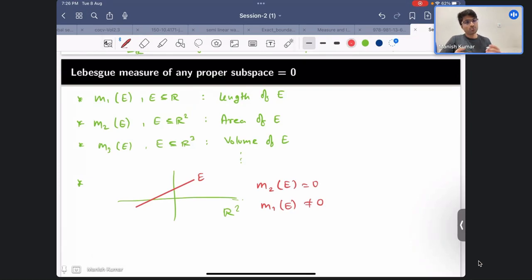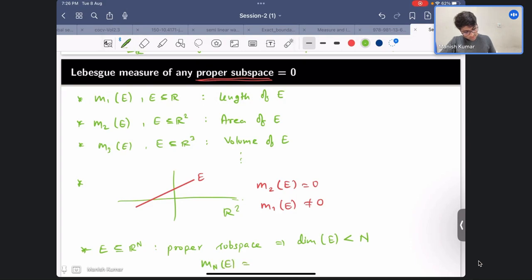So if you take any proper subspace, and proper subspace means that the dimension of E is strictly less than n, then the result is that if E is a proper subspace of Rn, which means the dimension of E is strictly less than n, then mn of E will be 0.